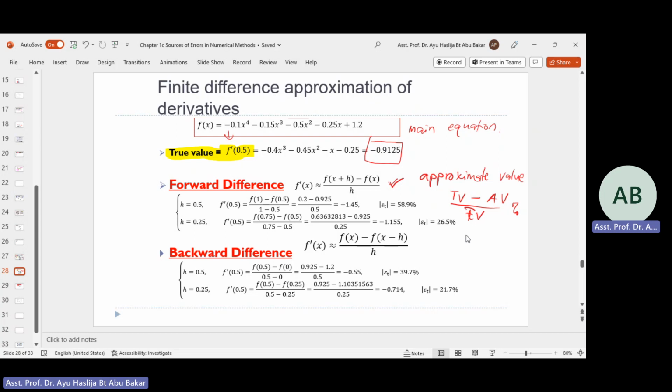Backward and centered, whether you can get the same figure. For backward, you will need to find out for F0 and F0.1. Let me know if you need my help.